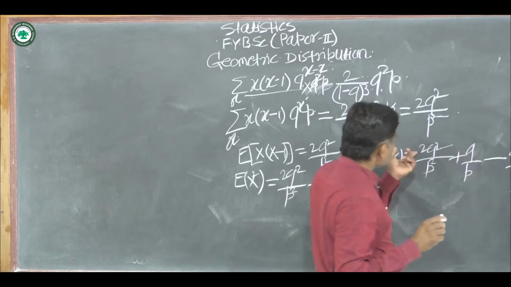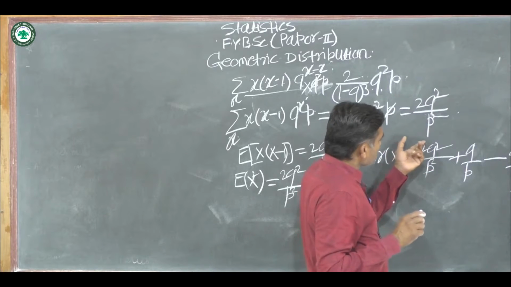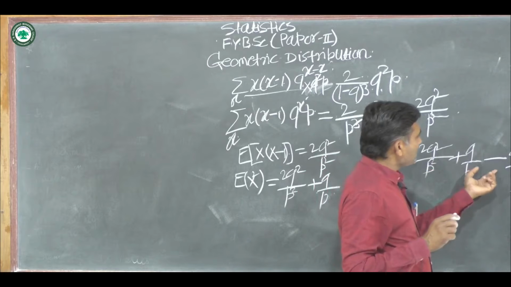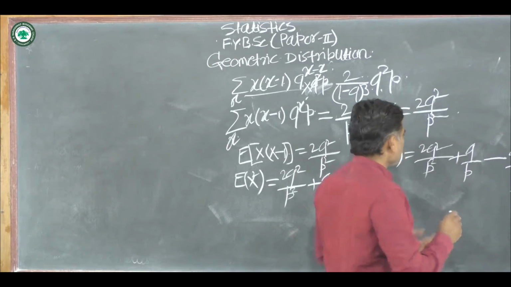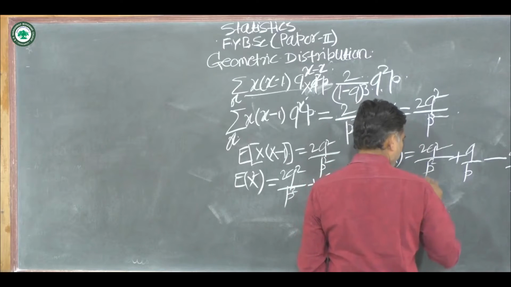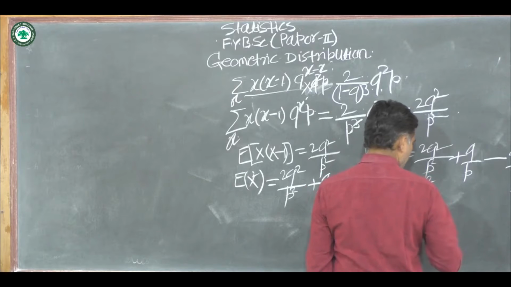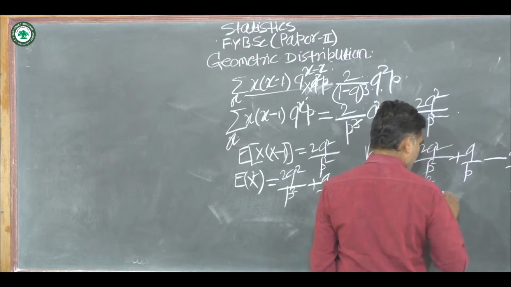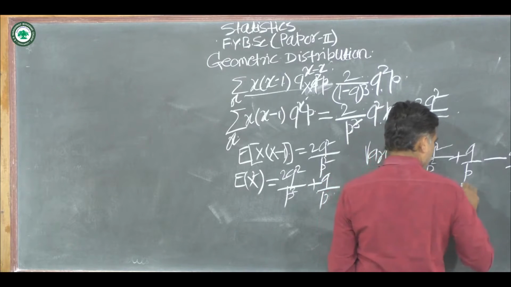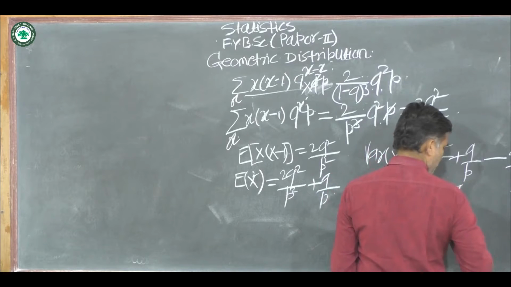Here is 2 times q square upon p square and here is minus q square upon p square. Then we have only q square upon p square plus q upon p.